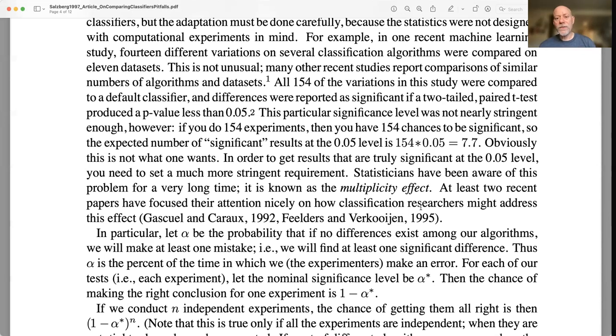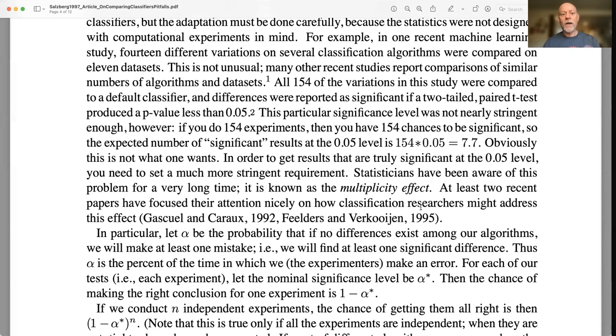This particular significance level was not nearly stringent enough, however. If you do 154 experiments, then you have 154 chances to be significant. So the expected number of "significant" results at the 0.05 level is 154 times 0.05 equals 7.7. Obviously, this is not what one wants.